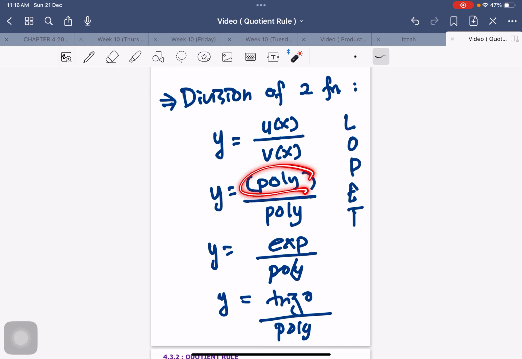Even if you have poly and poly also can lah. Trigo and trigo also can, as long as dia mesti dalam bentuk pecahan.